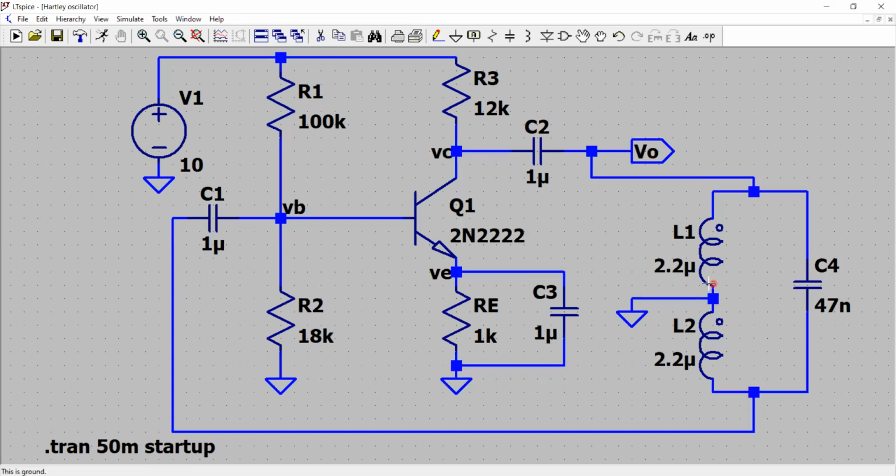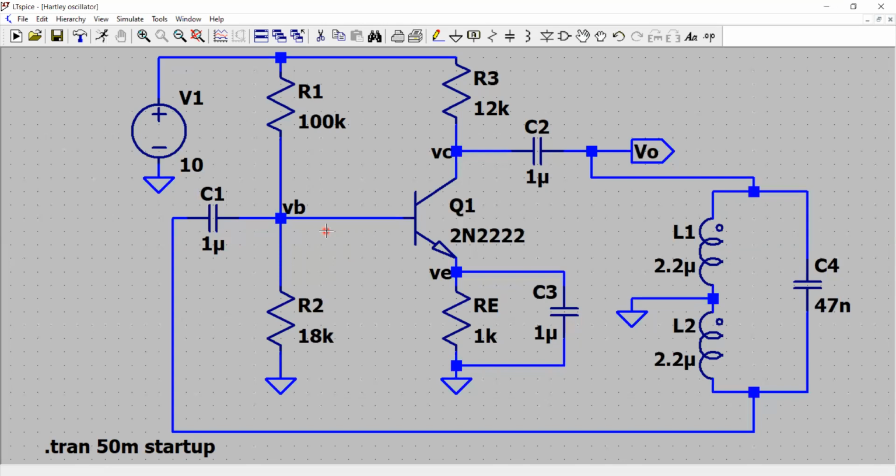If you remove this part from the circuit, which is L1, L2, and C4, and focus on only this part right here, which is transistor Q1, collector resistance, emitter resistance, R1 and R2, and three capacitors, C1, C2, and C3, along with the DC voltage source, this part of the circuit is essentially a small signal amplifier.